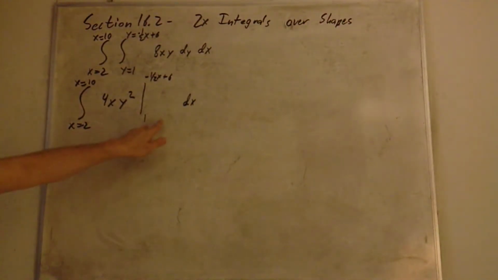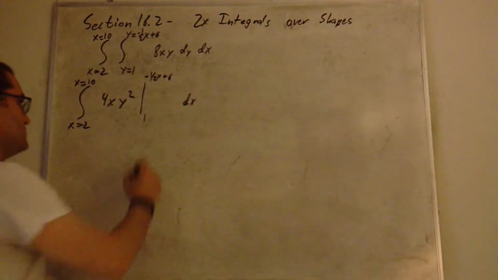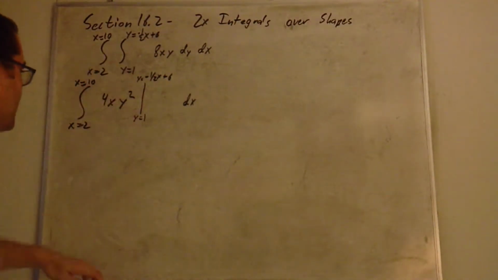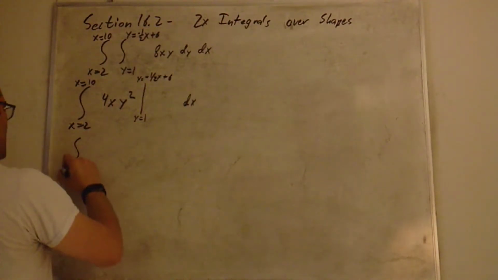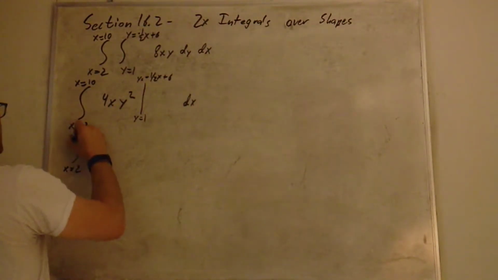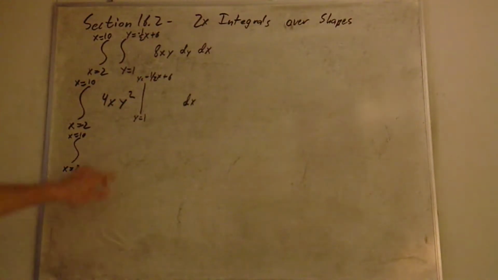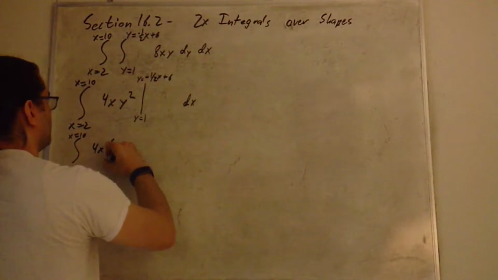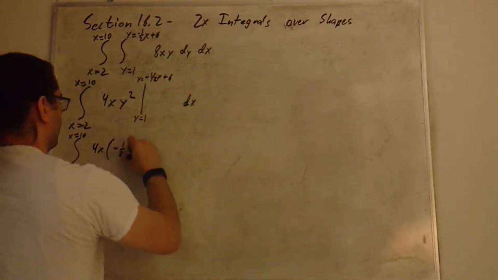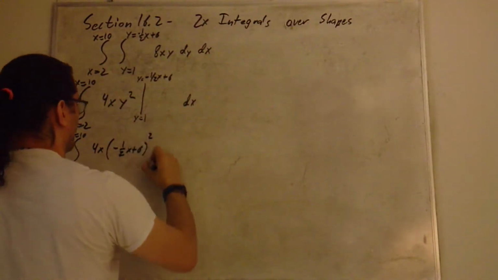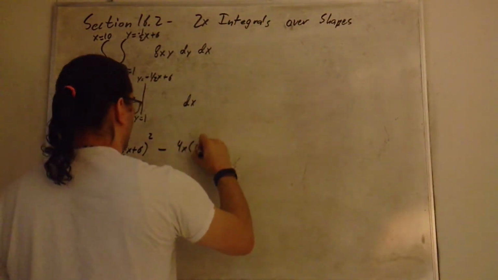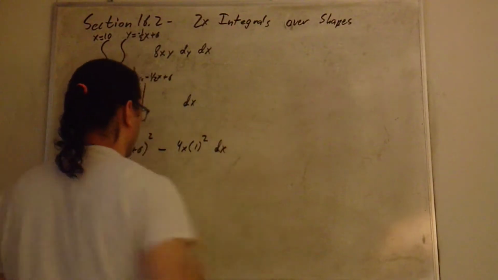And then you have to plug these things into your y value, just like always. I'm trying to write small because I know there's a lot to do here. X equals 2 to x equals 10. Okay, we're going to have 4x times negative 1/2 x plus 6 squared minus 4x times 1 squared dx.